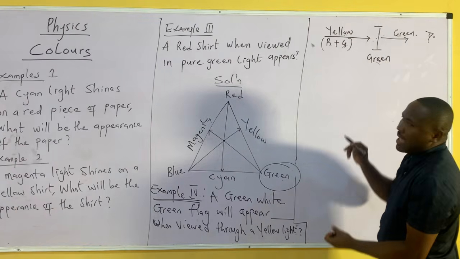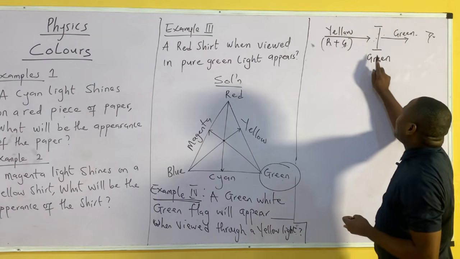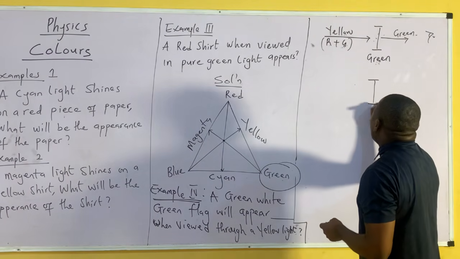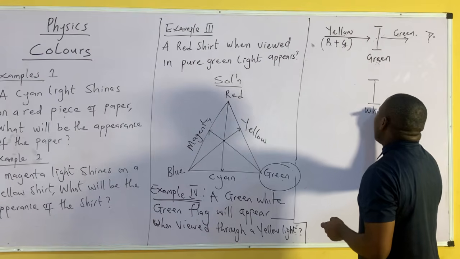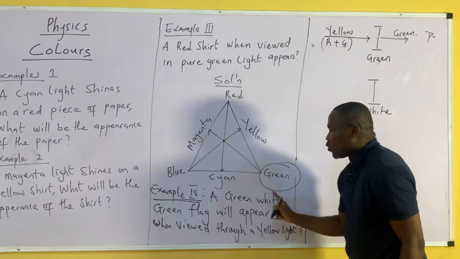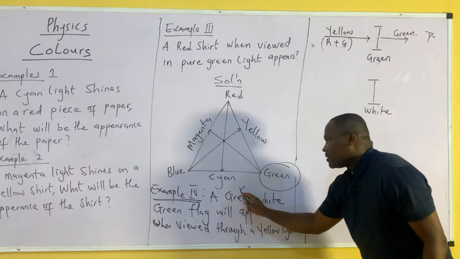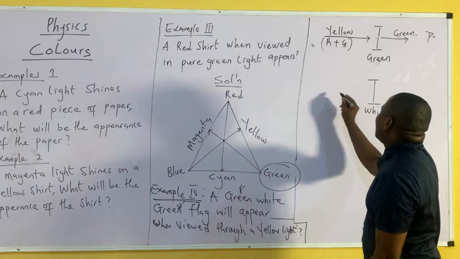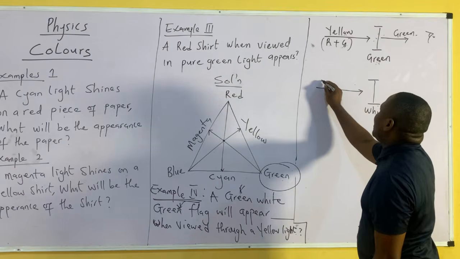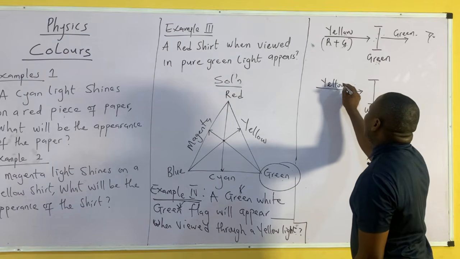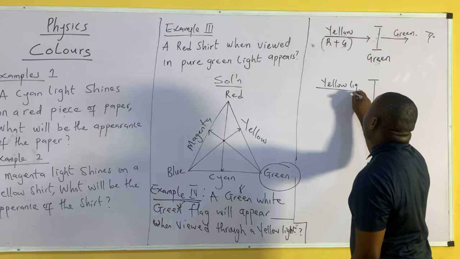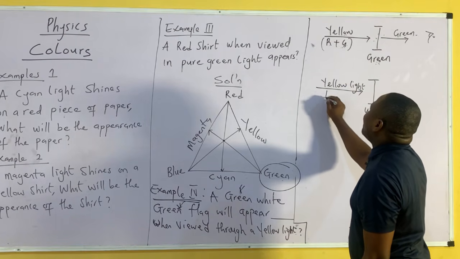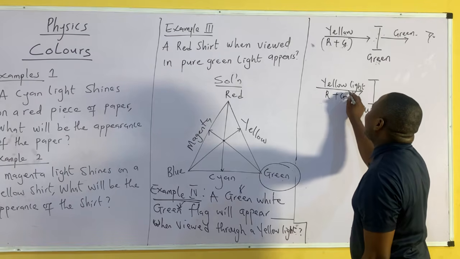Whatever happens to the first green happens to the second green. Now I have the second one, which is white. Remember, it's a green, white, green. So what about white? What is coming is a yellow light. Yellow is a combination of red plus green.